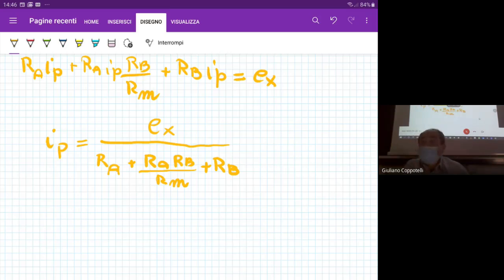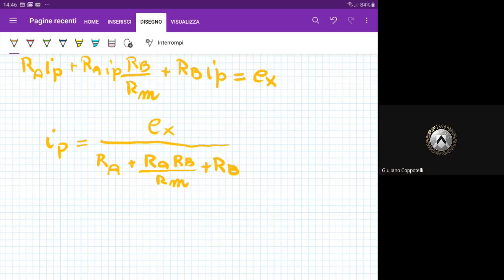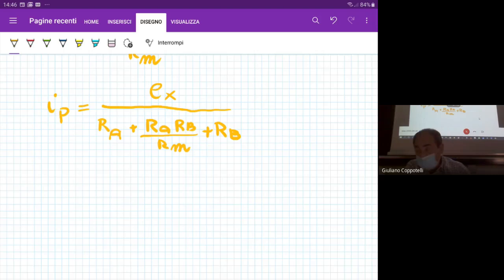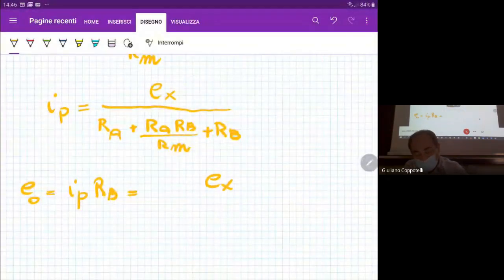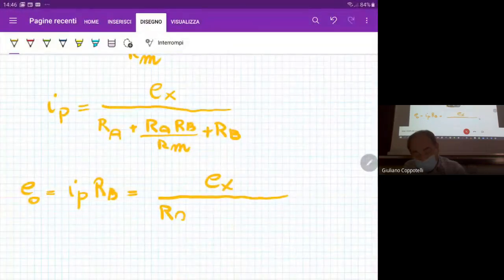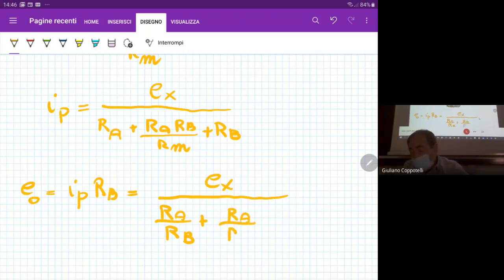Once you have the current flowing through the potentiometer, you just have to multiply it times the resistance in order to have your output tension. And thus your EO, the output tension, that is equal to IP times RB, is just equal to EX over RA over RB plus RA over RM plus 1.